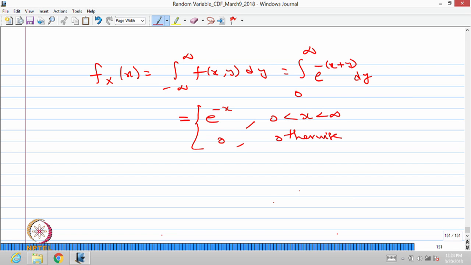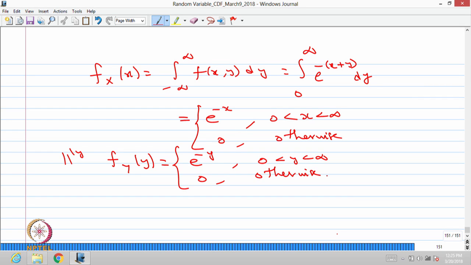So, this is the probability density function of X. Similarly, if you find the probability density function of Y, you will get e power minus y when y lies between 0 to infinity, otherwise it is 0.